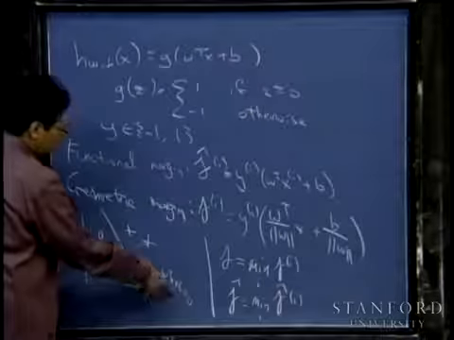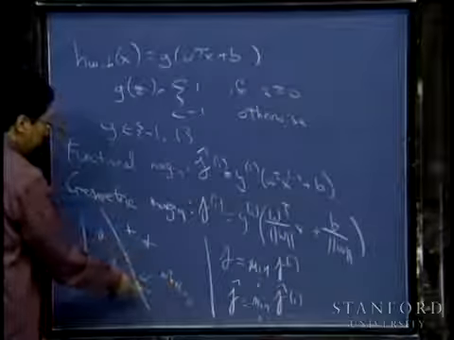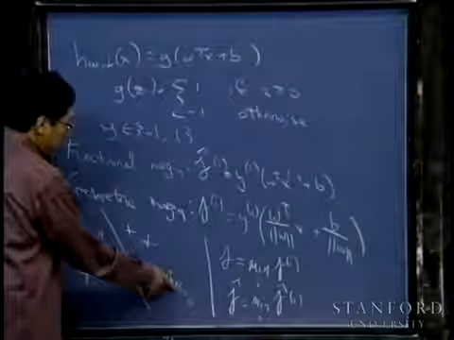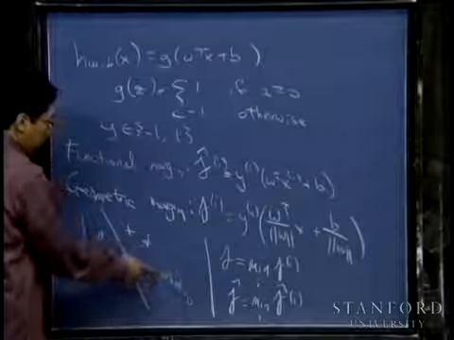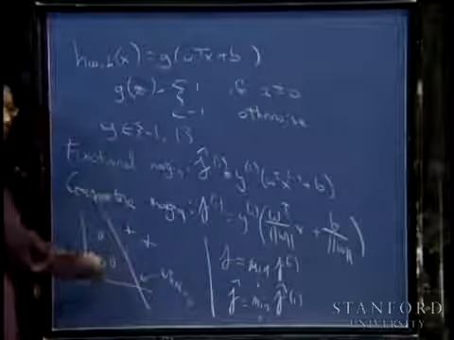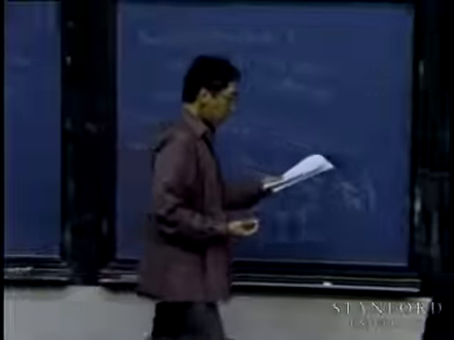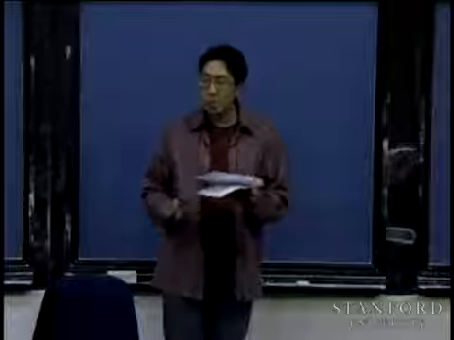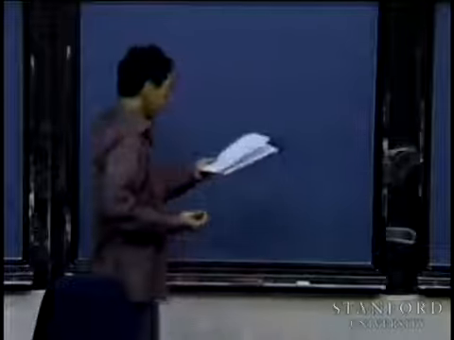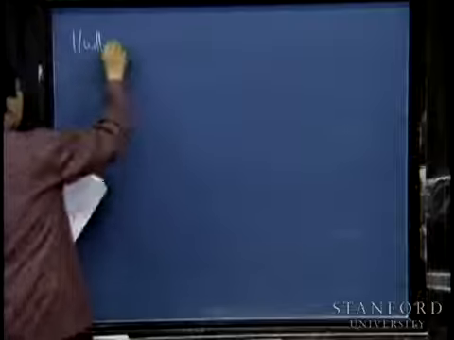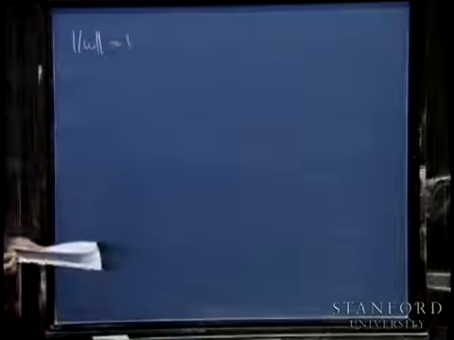If I scale w and b, that doesn't change the position of this plane, because the equation w transpose x plus b equals 0 is the same as the equation 2w transpose x plus 2b equals 0. It gives the same straight line. What that means is that I can choose whatever scaling for w and b is convenient for me. In particular, we'll use this in a minute. I can impose a constraint like that the norm of w must be equal to 1.